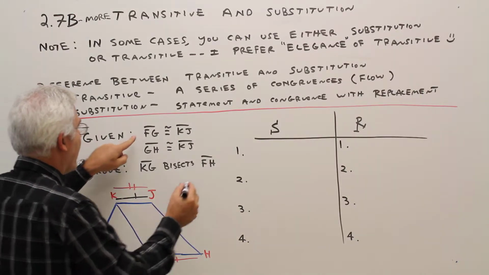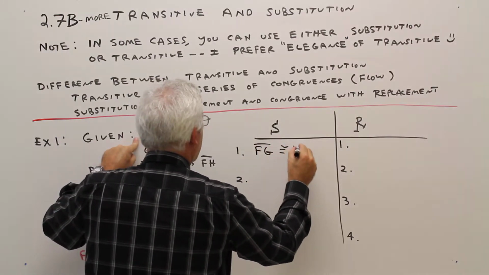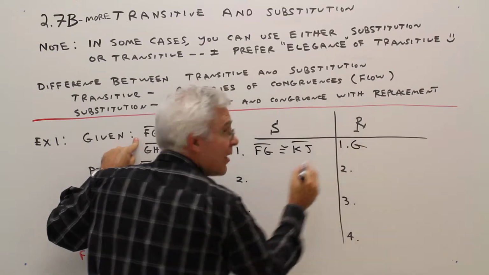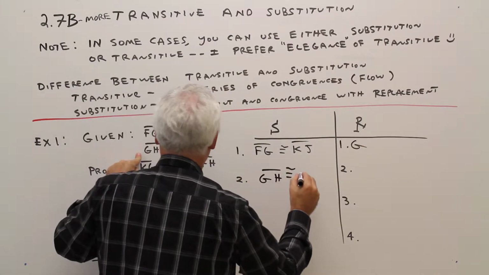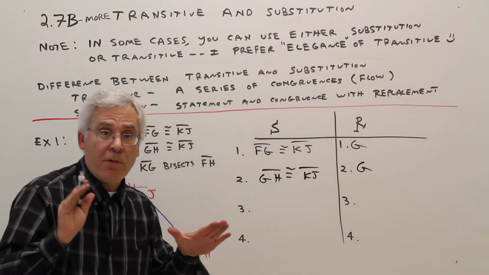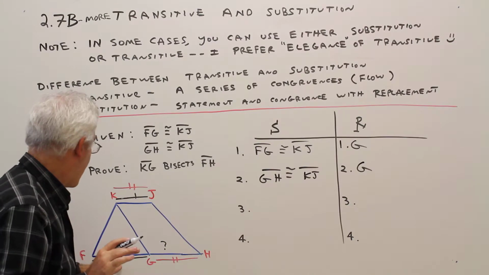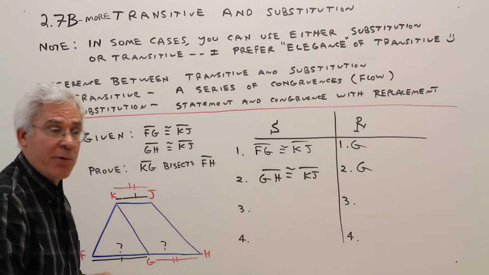So step 1, I'll just write this given. FG is congruent to KJ, given. GH is congruent to KJ, given. All right, right there, again, I'm trying to get FG and GH. Watch how I can do it. And I like to use arrows in my proof.